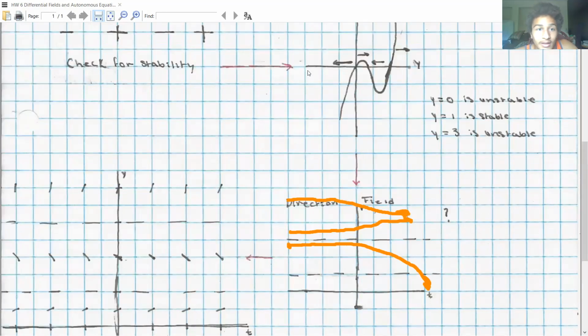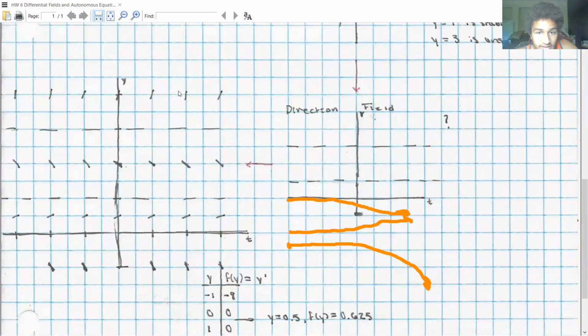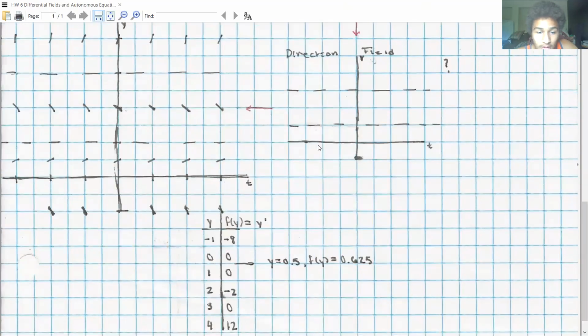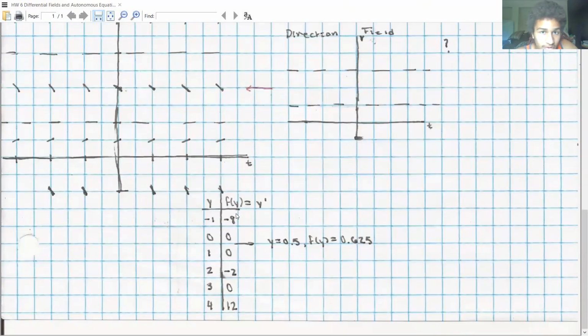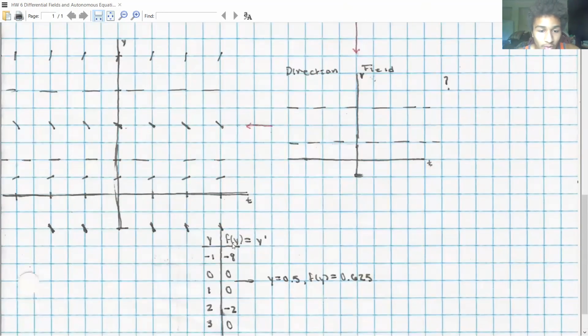Knowing unique solutions for t and y, we can graph our directional field knowing individual tangent slopes. So we know at y equals -1, our slope will be -8.